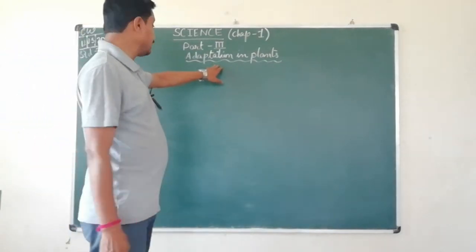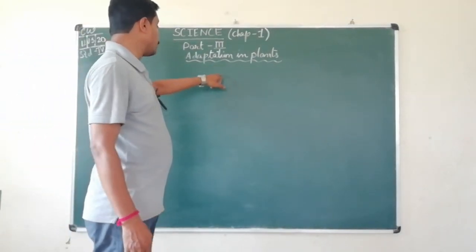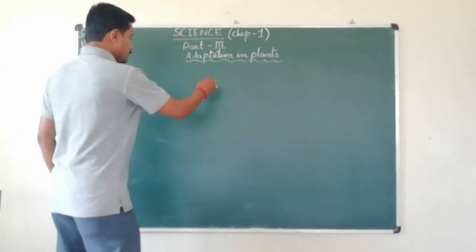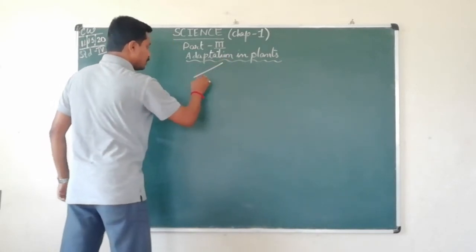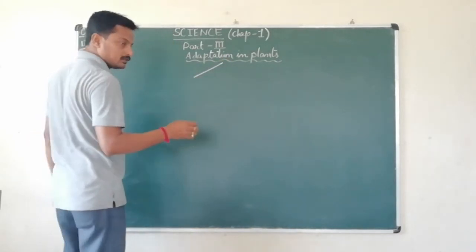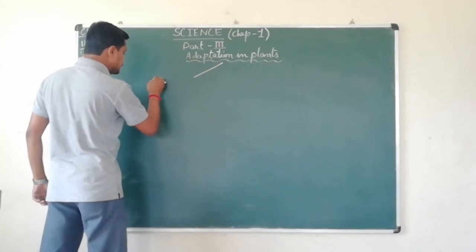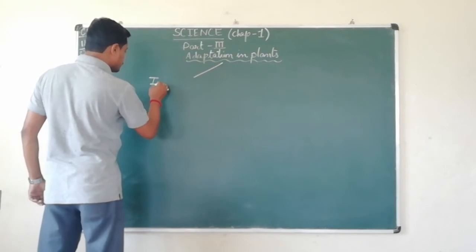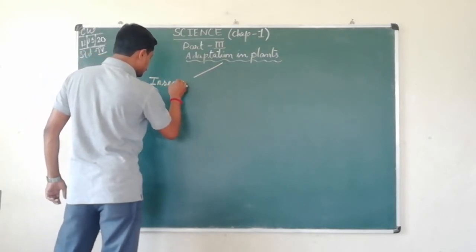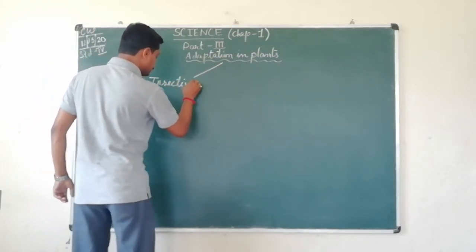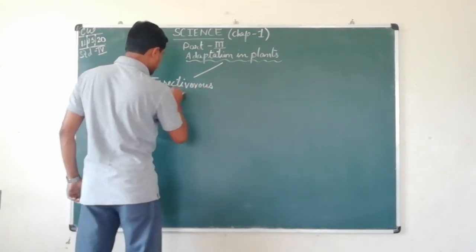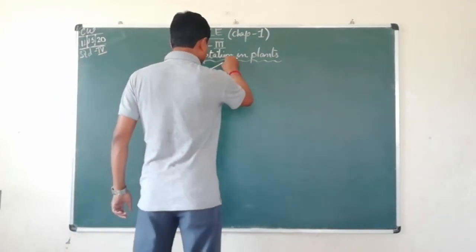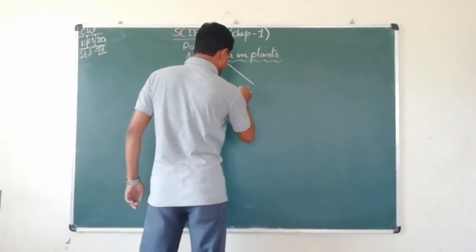Now in this video, we have already seen the plants that grow in water, which are called aquatic plants. Now one more type of adaptation in plants we find is the insectivorous plant. Those plants are called insectivorous plants. And the fourth one will be non-green plants.